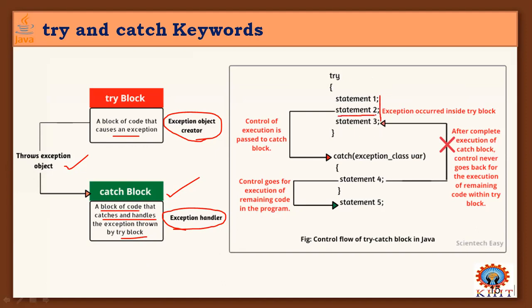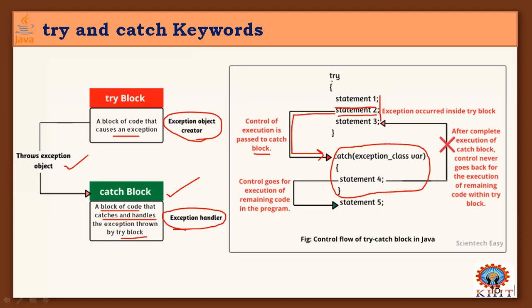Just assume that at statement 2, one exception is generated. The control of execution passes to the catch block after this exception is generated, right? This is the catch block, the exception handler, immediate to this try block.